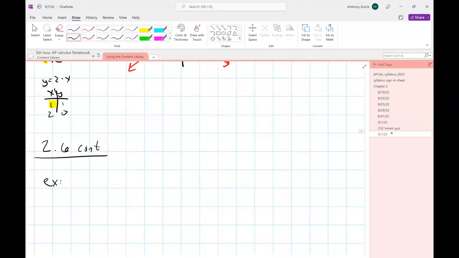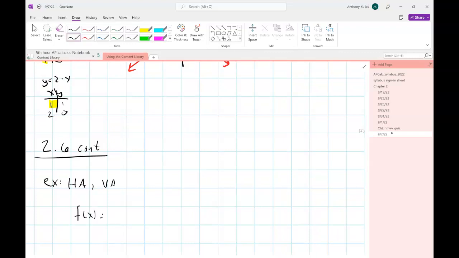All right. So what we were doing in 2.6 is we've been looking for horizontal and vertical asymptotes. Oh, we did this one already? No, what we did is we got to the limit as x approaches infinity of the square root of 2x squared plus 1 over 3x minus 5, and we didn't work it out. Oh, yeah, that was what I was writing down. Okay. Yeah.